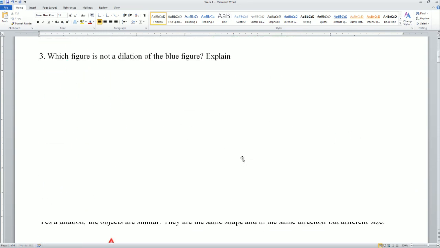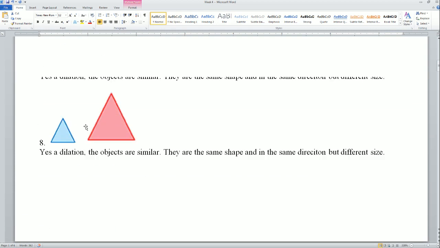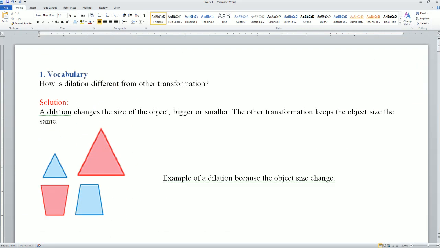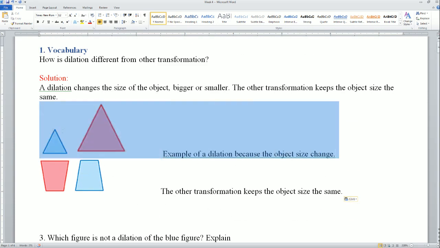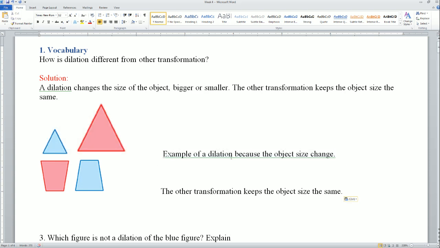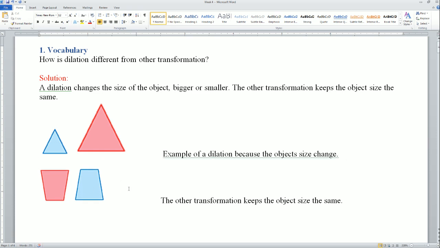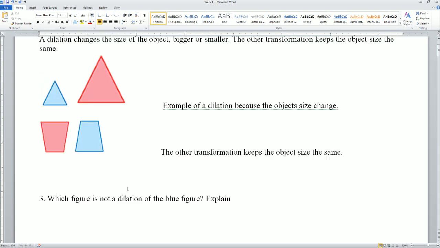This is exactly like what we said here. This is the other transformation because it keeps the object size the same. Good, right? So this is the picture to demonstrate the example of a dilation, because the object changes size. And this is the example that shows that the other transformation keeps the object size the same.